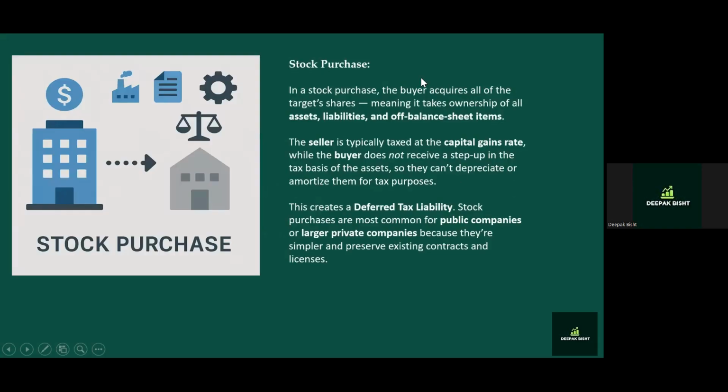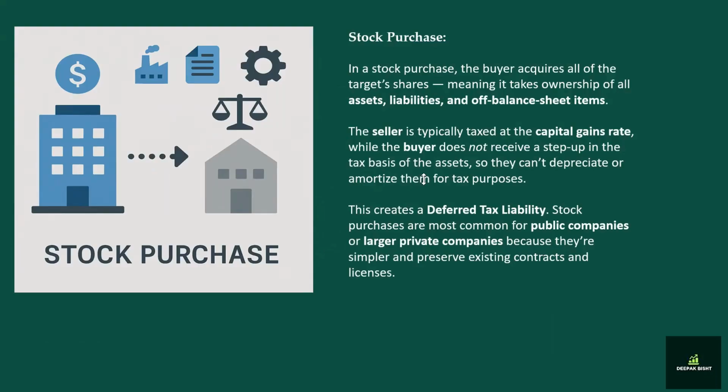In a stock purchase deal, the buyer purchases the stocks of the company directly from the owners, which are the shareholders. This means the buyer now owns the entire company.